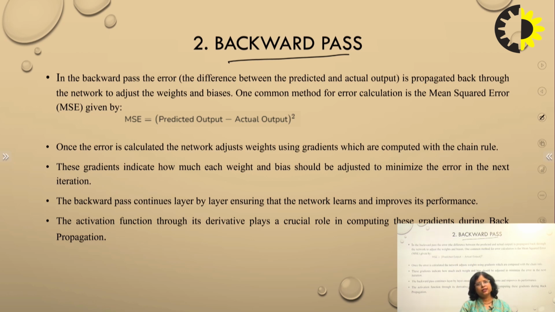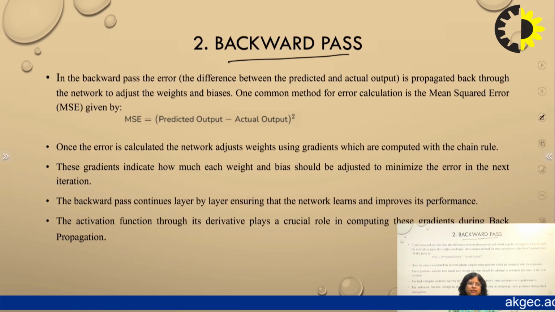The mean squared error is calculated as predicted output minus actual output, whole squared. Once this error is calculated, we change the weights using the gradients with the help of the chain rule, and these gradients indicate how much each weight and bias should be adjusted to minimize the error in the next iteration. In the backward pass, first the output layer.